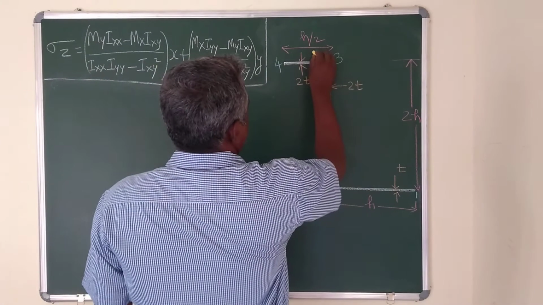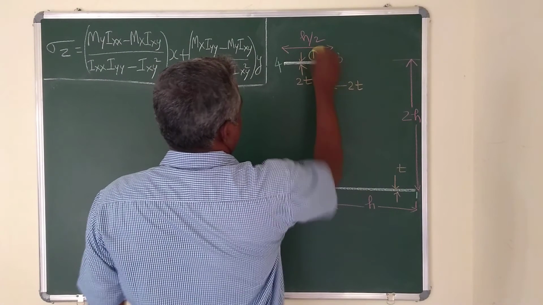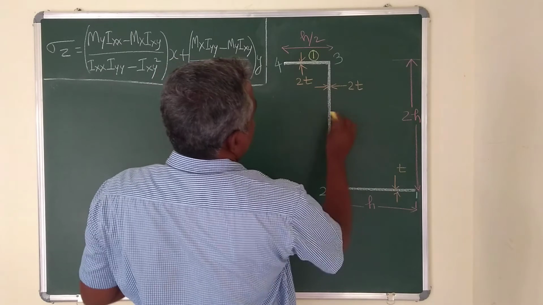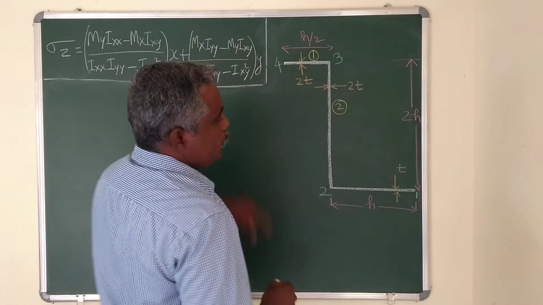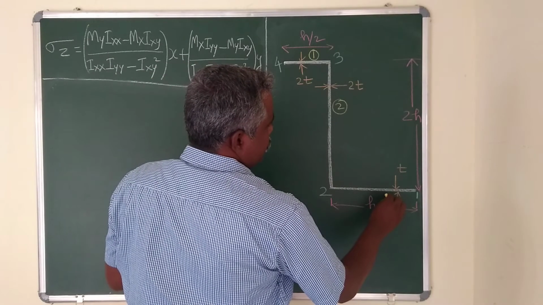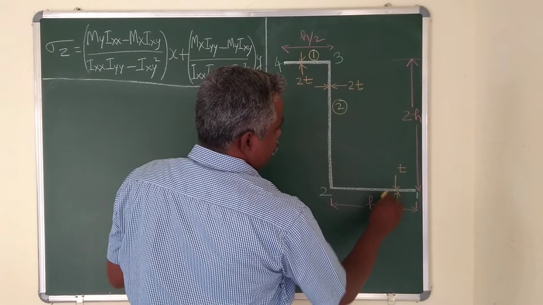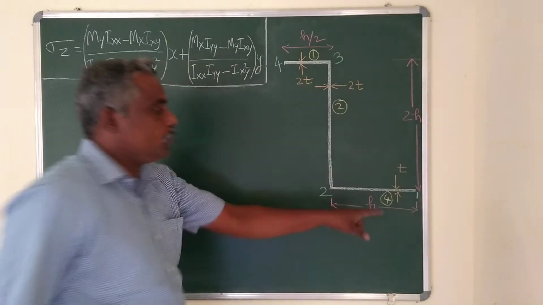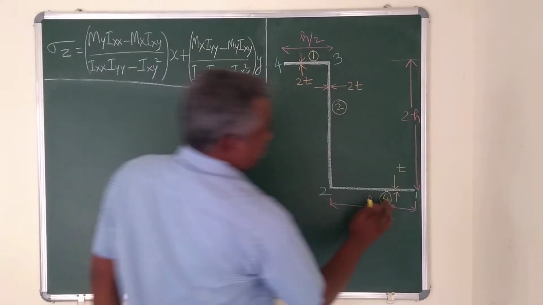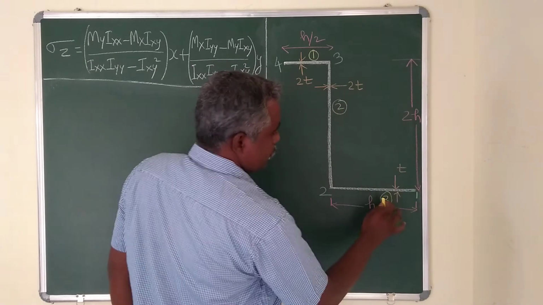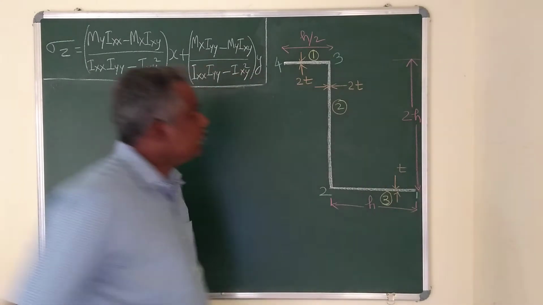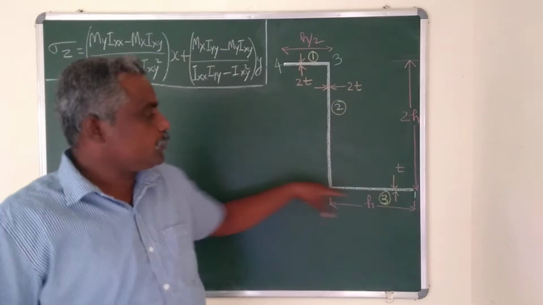Let 3 to 4 be section 1, 3 to 2 be section 2, and 1 to 2 be section 3.